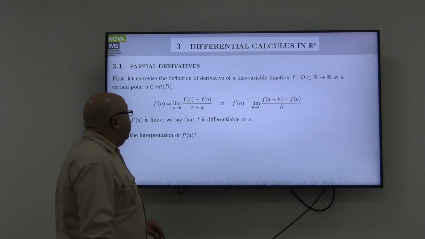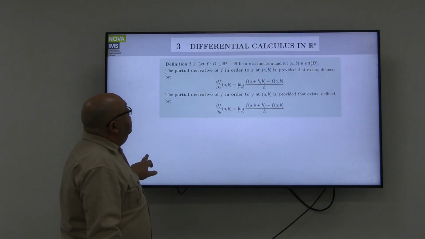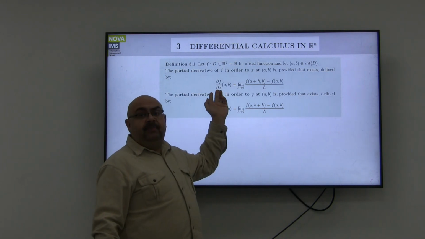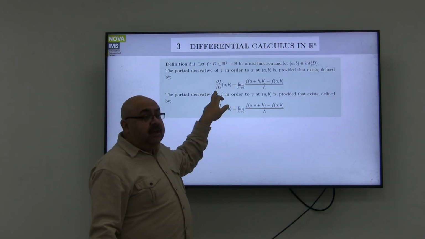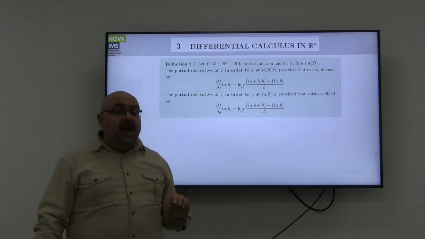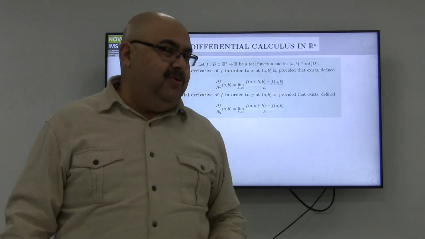In the case of functions in several variables, the law will be a little bit twisted. For the derivative in this case, I will have to determine which variable, because you have more than one variable.